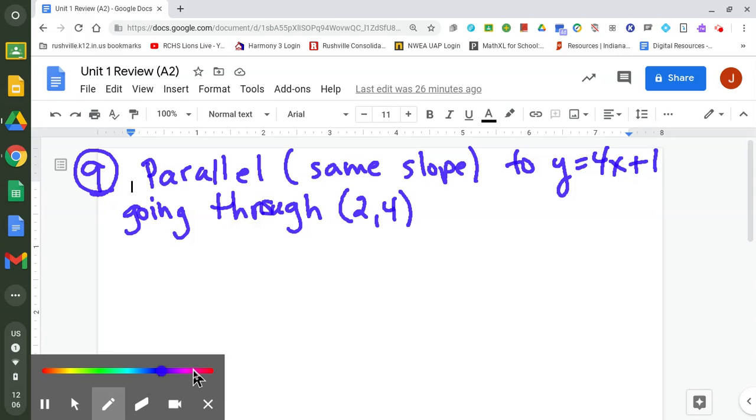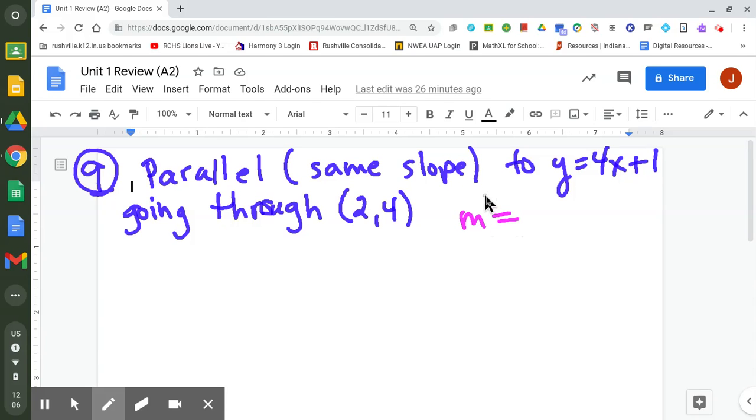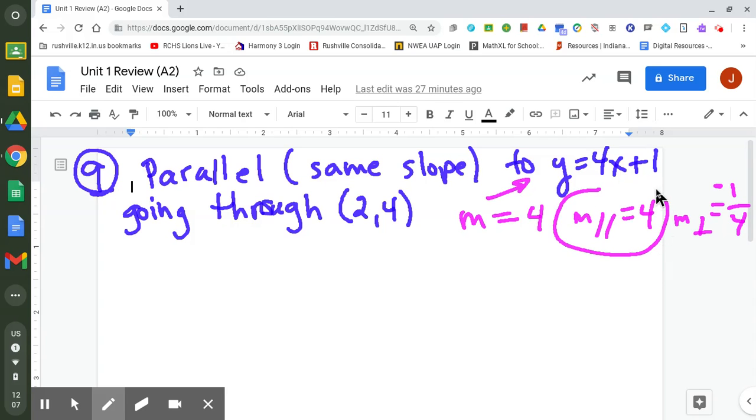So if I list the slope of this equation is 4, so then the parallel slope, that's what those little lines mean, the parallel slope is 4, and the perpendicular, that's what that line means, is 4 flipped over into 1/4, but then it's the opposite sign. So the perpendicular slope is -1/4, but we are looking to use the parallel slope.